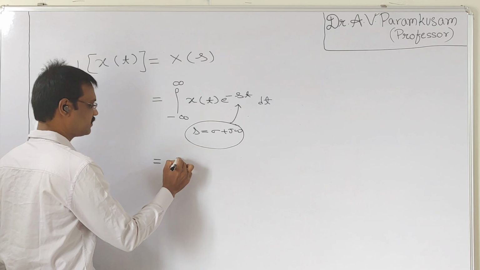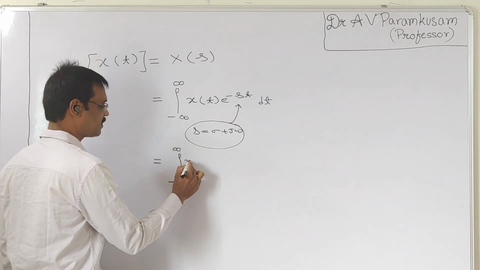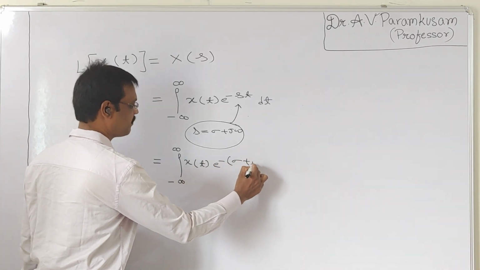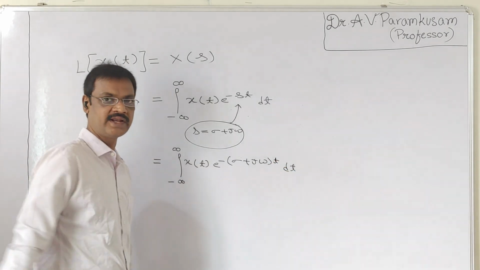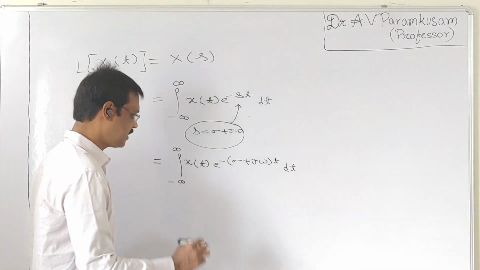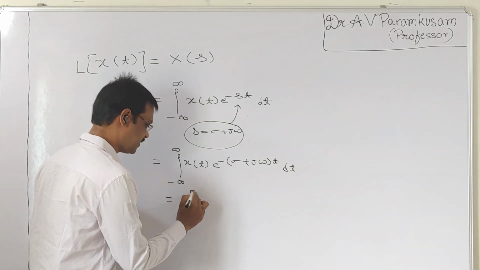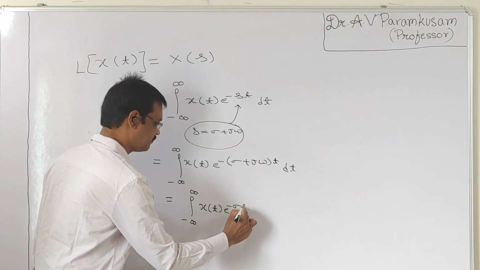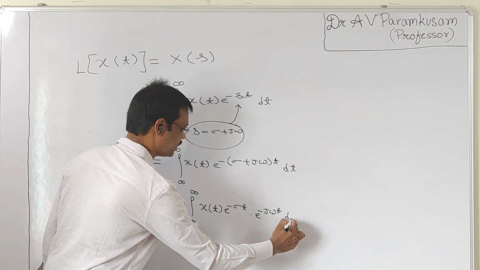Then this is equal to integration minus infinity to plus infinity x of t into e to the power of minus (sigma plus j omega) t dt. This is equal to integration minus infinity to plus infinity x of t into e to the power of minus sigma t into e to the power of minus j omega t dt.